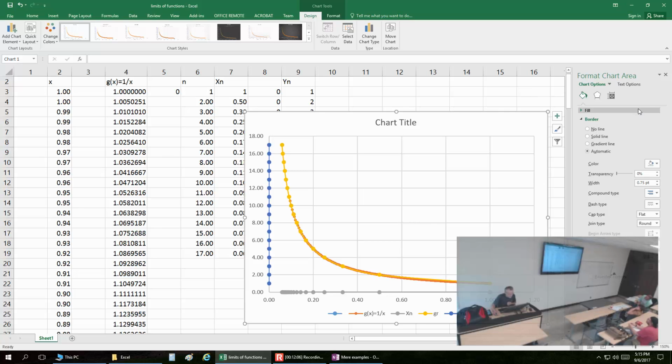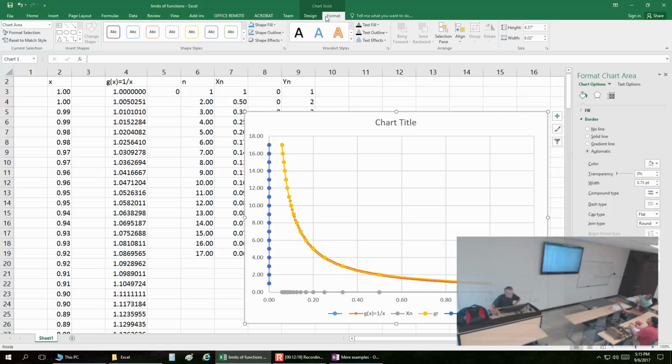Do you see the word layout anywhere? There might be arrows on format, over towards the left. I don't know if you can put those on the graph. No, I'm afraid that's not it.